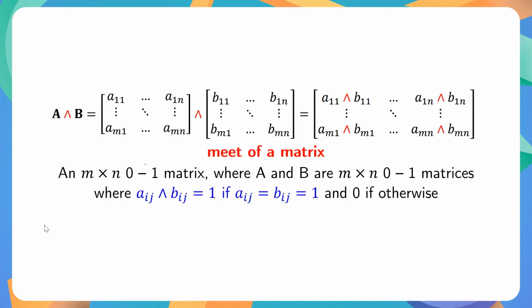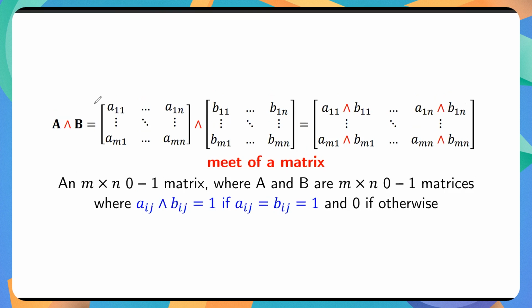First we have the meet of a matrix. A and B are m by n 0, 1 matrices, and A meet B is equal to 1 if A and B are both equal to 1, and 0 otherwise. You can think of this meet operation as the logical AND operator.